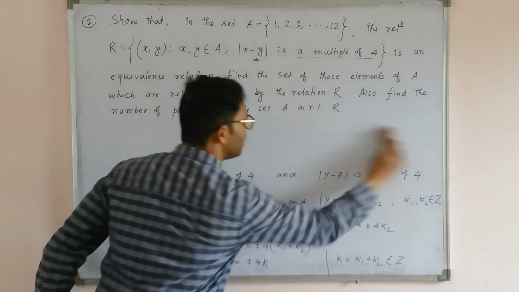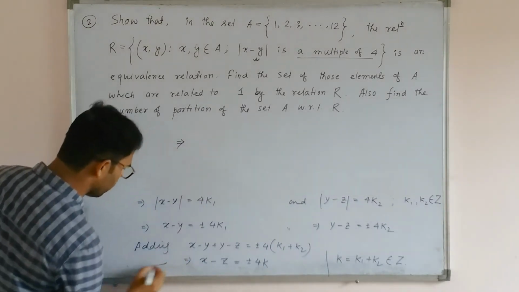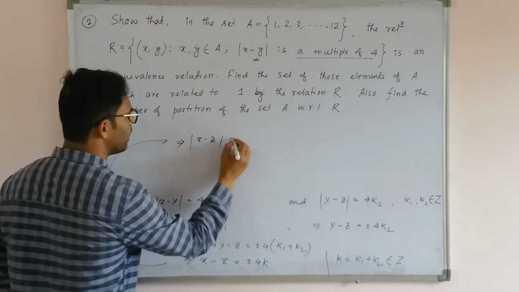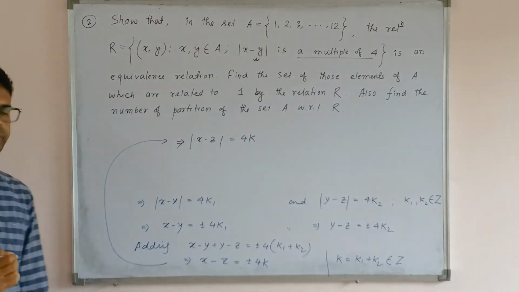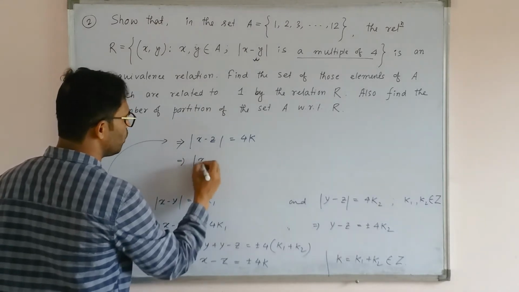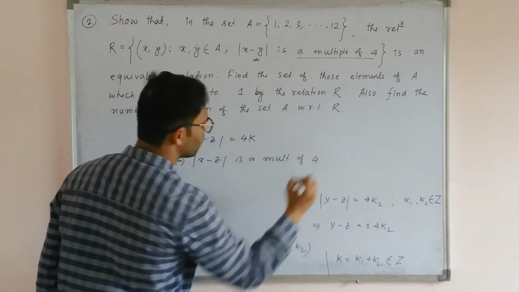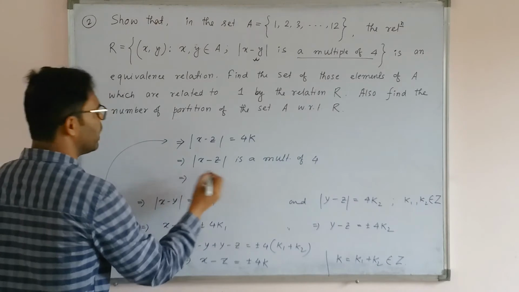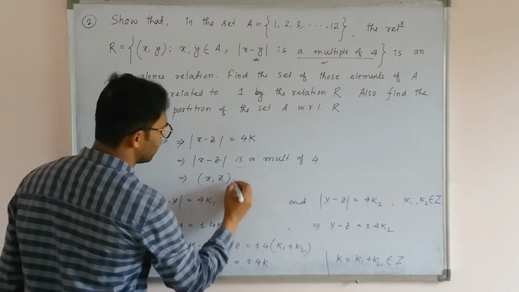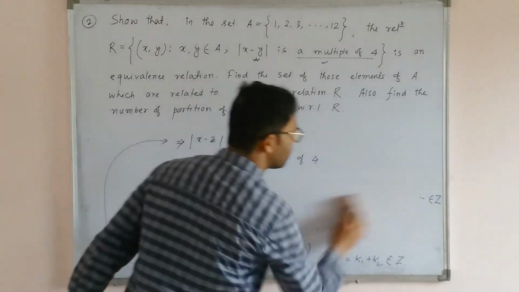Okay, so that implies mod of x minus z is equal to simply 4k লিখিব পারিব, and this will imply mod of x minus z is a multiple of 4, তুমি এর লিখিব পারিবা, and that implies এই কথাটা মানার লগে লগে the corresponding ordered pair xz belongs to the set R with the relation R. So লগে লগে xz to R আহিব.